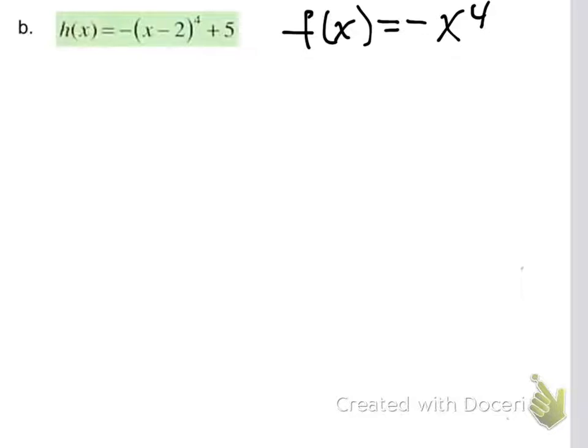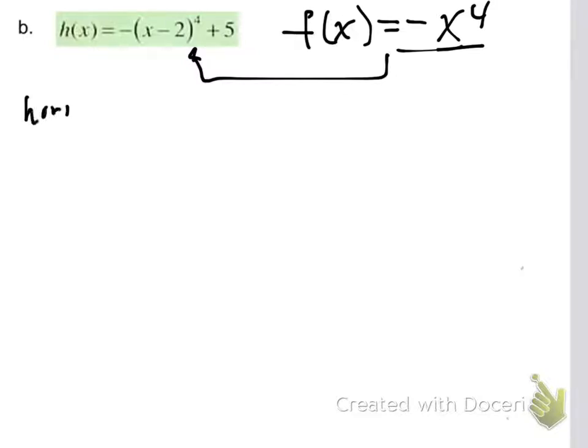Alright, so what transformations take me from this to this? Well, I'm subtracting 2 from the x, so when I subtract 2 from the x, I have to horizontally translate 2 units right.